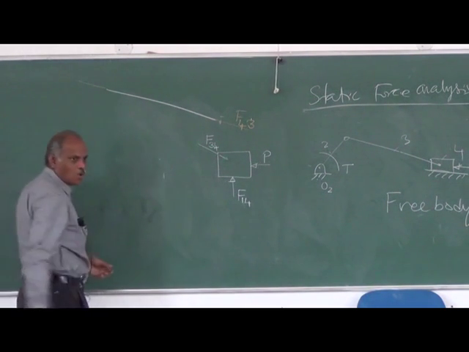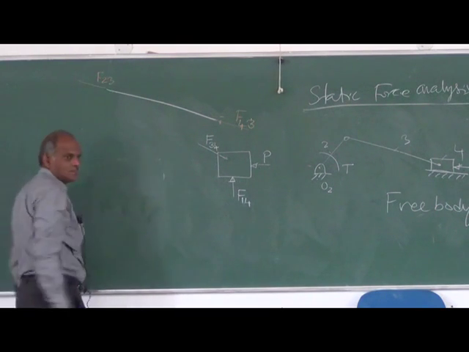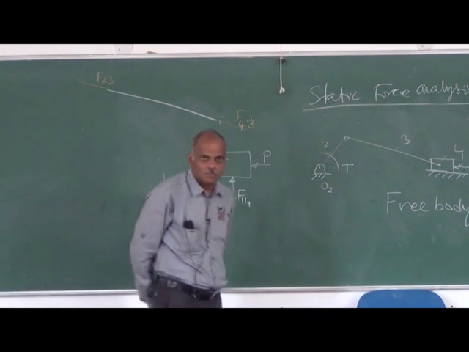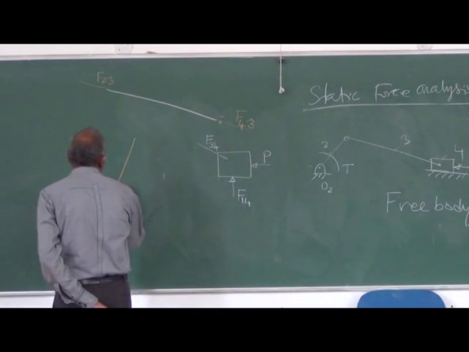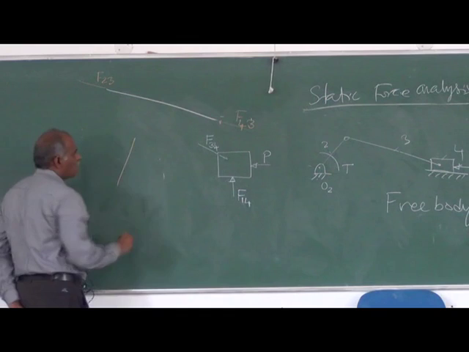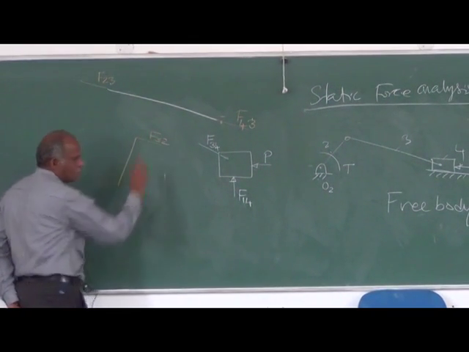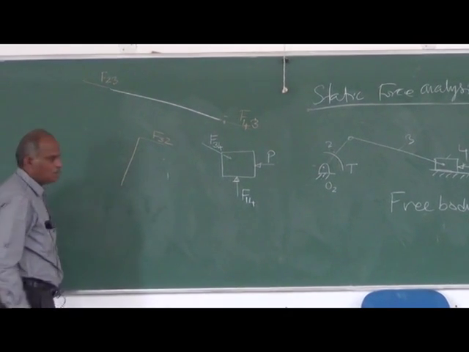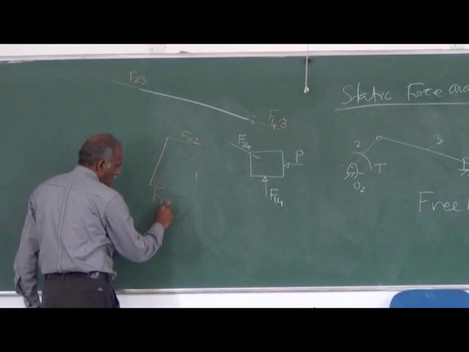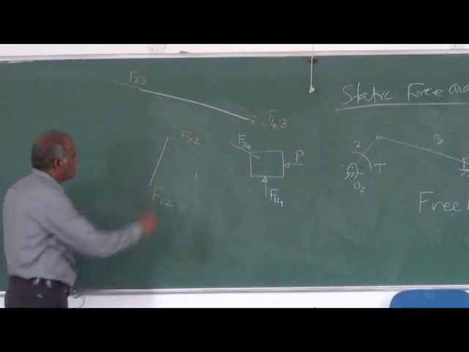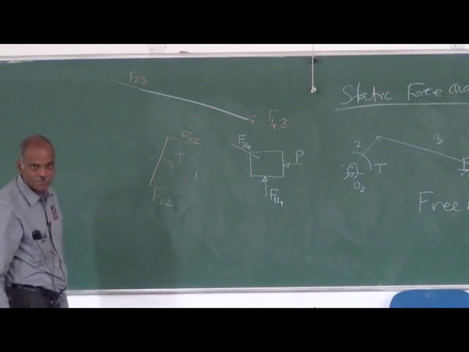Similarly, here you will have a force applied by 2 on 3. Then I will have a free body diagram of linkage 2, where I will have F32 applied by 3 on 2, then a force F applied by 1 on 2, then an external torque acting on it. That is the holding torque.